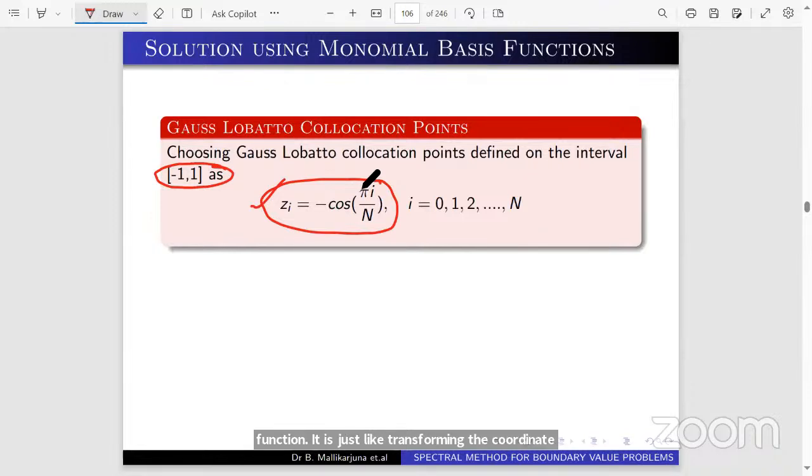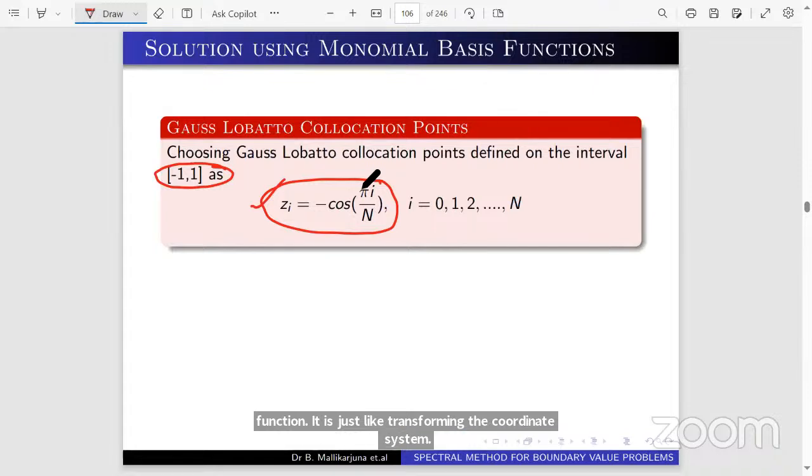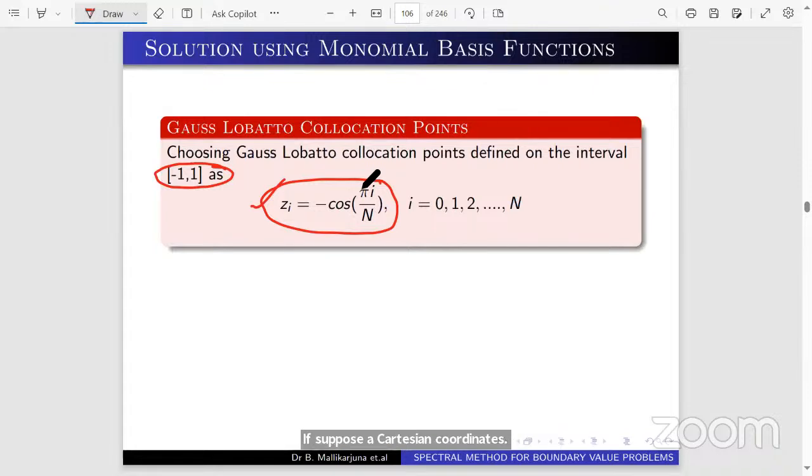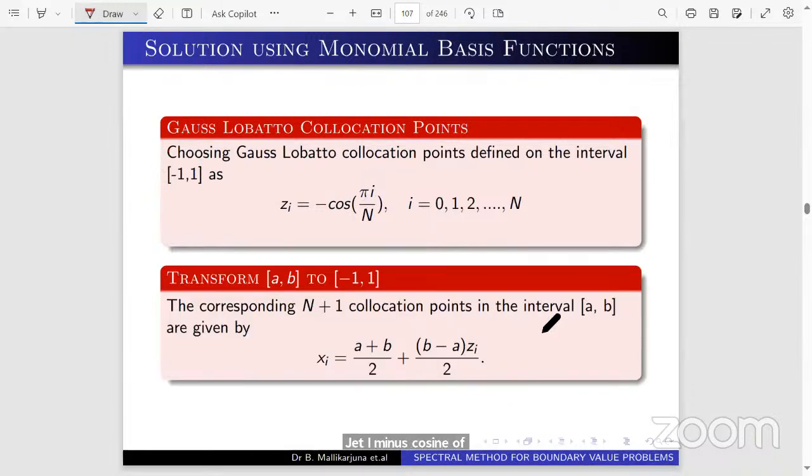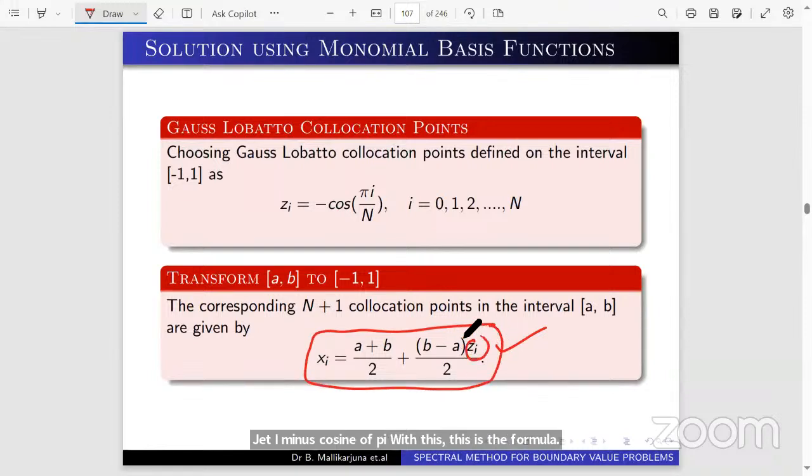Suppose a Cartesian coordinate system, we convert it in terms of polar, cylindrical polar or spherical polar coordinates, or any set of axes. The same way, we transform the given domain with a new function, minus cosine of pi zi, with the formula (a plus b)/2 plus (b minus a)/2 times zi. This zi is replaced by this.